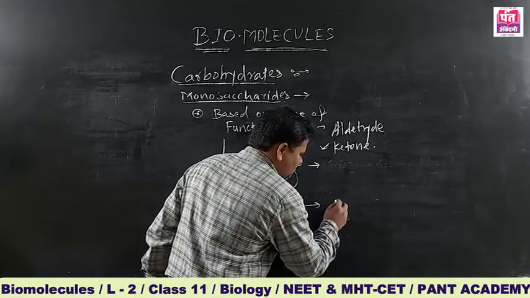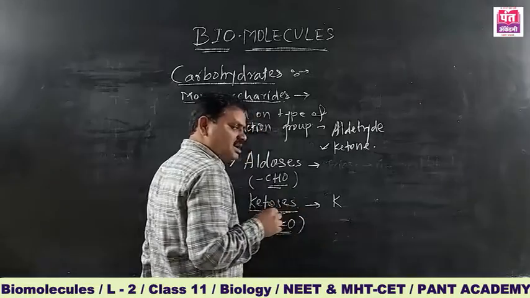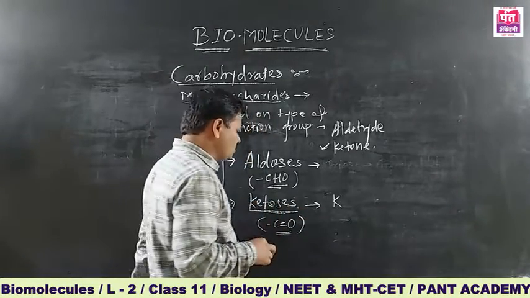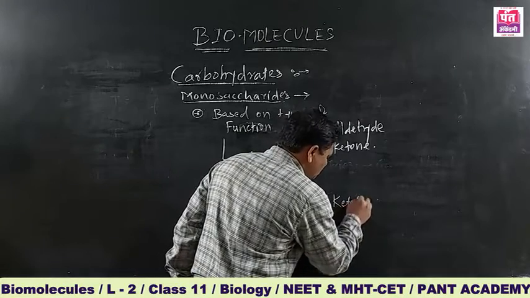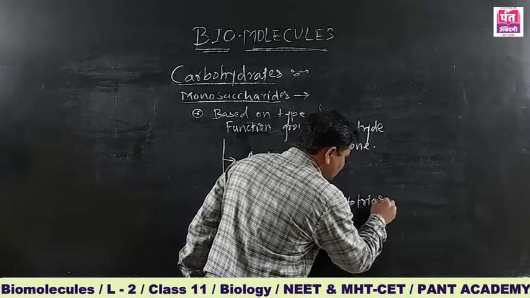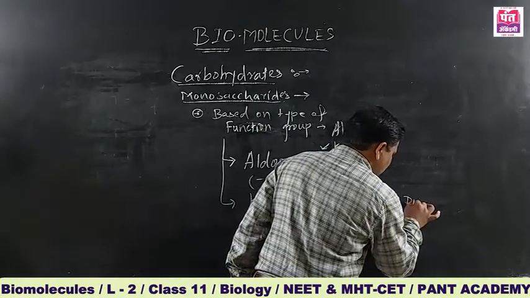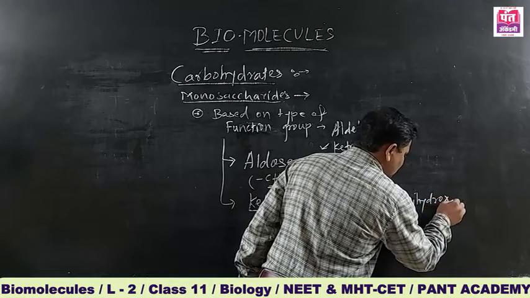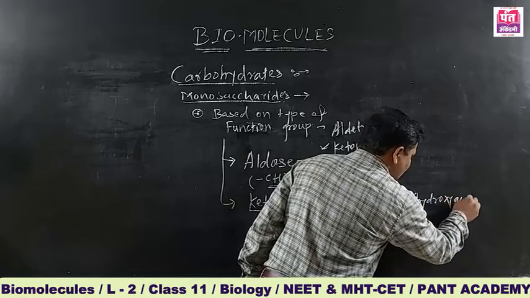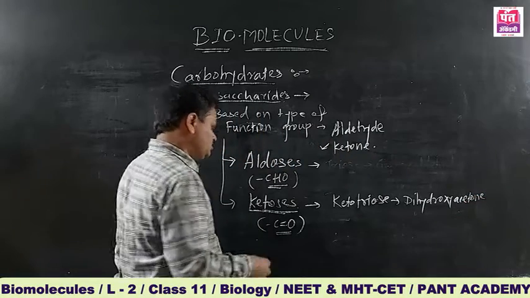First, if a 3-carbon sugar contains a ketone as a functional group, it is called a ketotriose. An example we can take is dihydroxyacetone. Dihydroxyacetone is an example of a ketotriose.